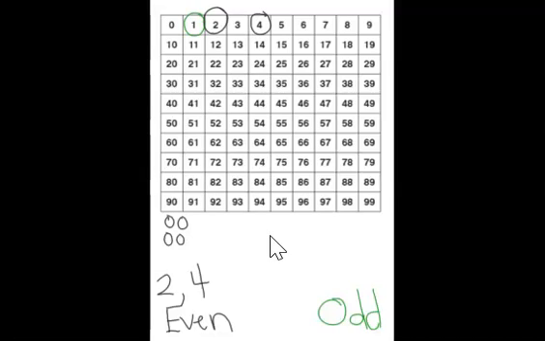So what else would be even? What if I have 5? Would that be even? Does everybody have a partner shoe? No. But if I have 6, it does. So let's draw a circle around 6. I'm going to make this a little bit smaller.